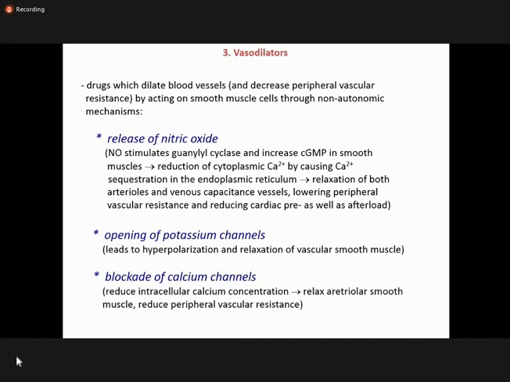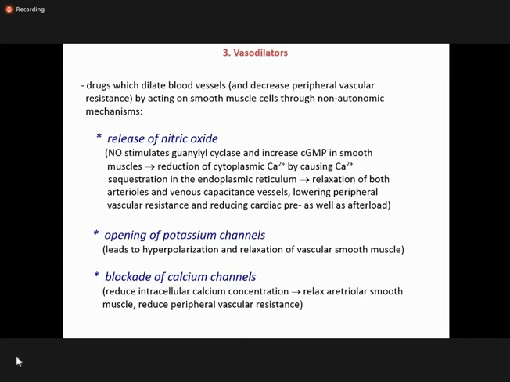So, key mechanisms: one of the mechanisms is the release of nitric oxide, which increases the cyclic GMP levels due to stimulation of guanylyl cyclase enzyme. Second mechanism could be opening of potassium channels. When there is opening of potassium channels, there is efflux of potassium, and that will produce the relaxation of the vascular smooth muscle.